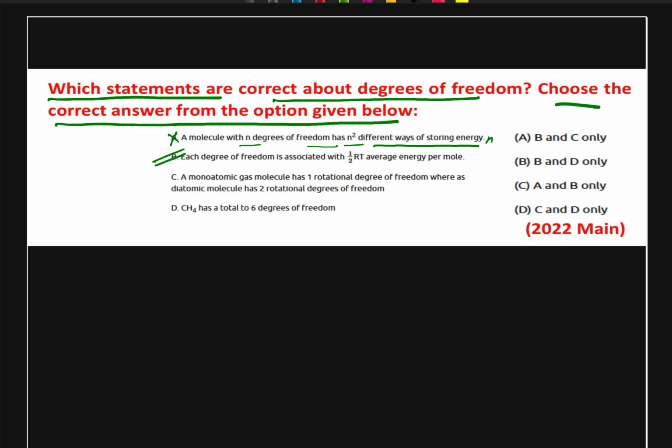Option C: a monatomic gas molecule has one rotational degree of freedom, whereas a diatomic has two rotational degrees of freedom. So you can say that for a monatomic gas molecule, suppose we take helium, it is going to have 3 translational degrees of freedom and no rotational.